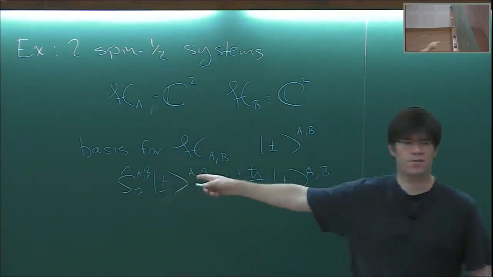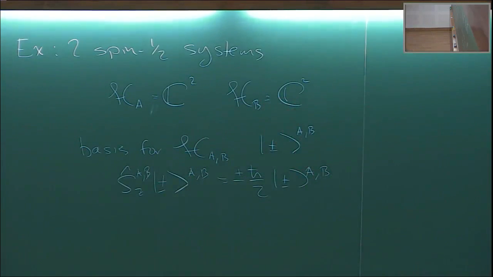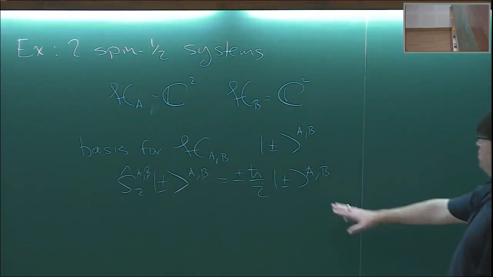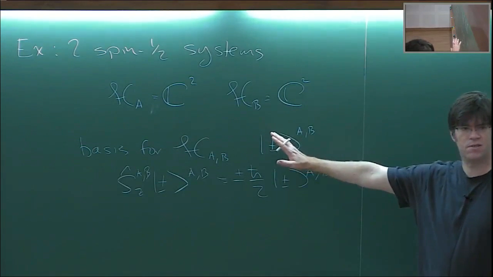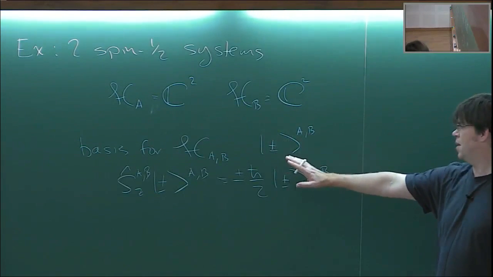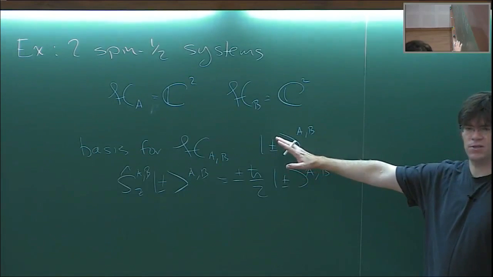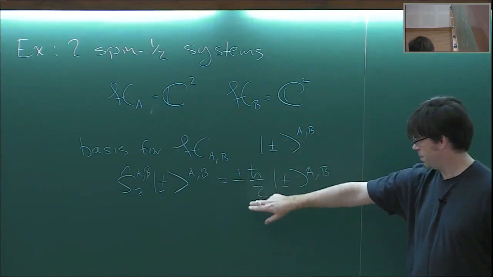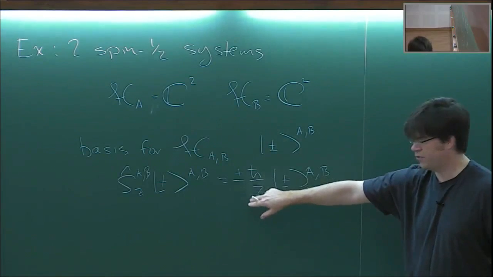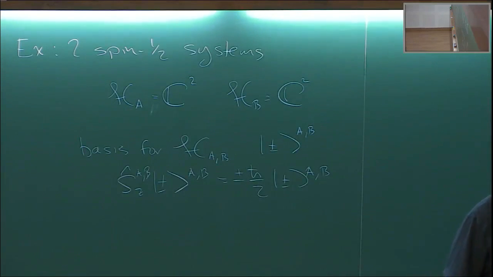So I'm mostly going to be talking in this hour about these kinds of spin one half systems, and the essential point is if I choose an axis, say the z-axis, I can measure the spin along that axis, and the two possible answers correspond to orthogonal states and provide a basis.